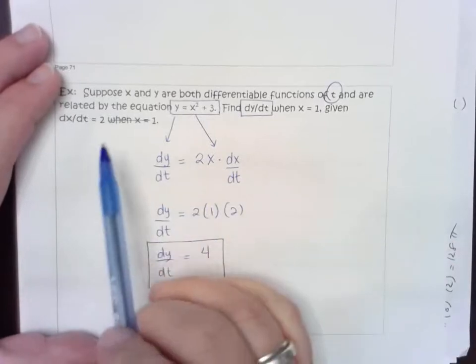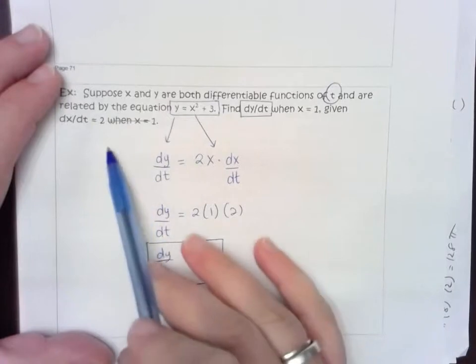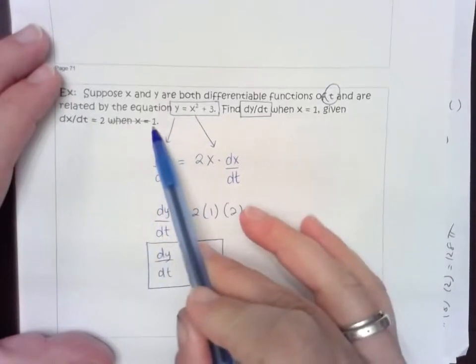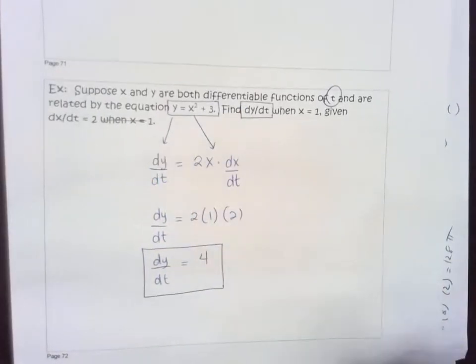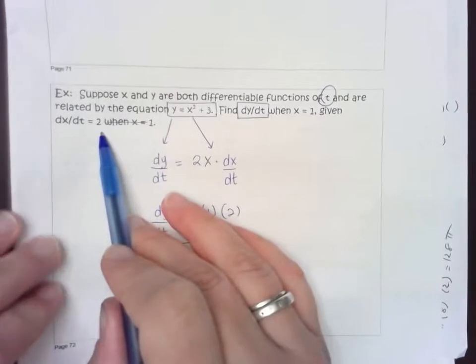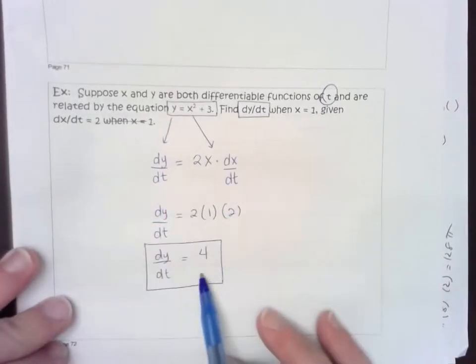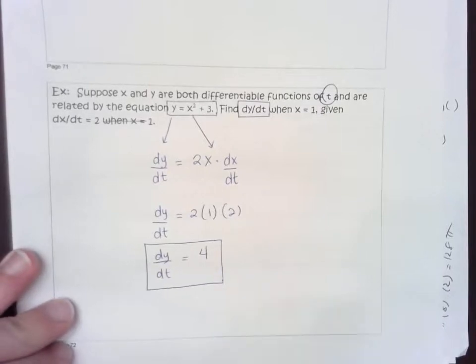Meaning that for every 2 that x changes, y changes 4 at the point 1, or at the x value 1. So that's not going to change depending on where you are on the function, but that is what's happening in that moment. As x is changing at a rate of 2 units per second, or whatever you want to throw in, the y is changing 4 units per second at that point.